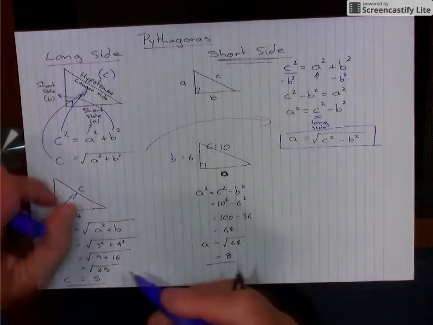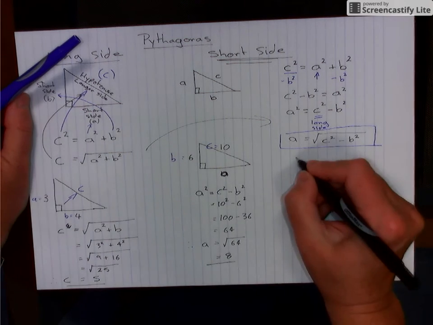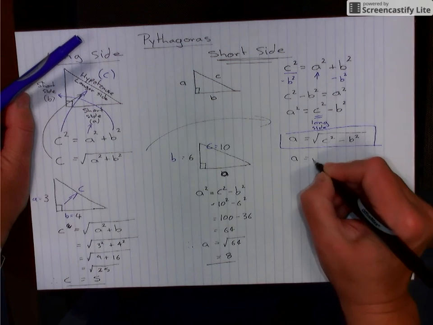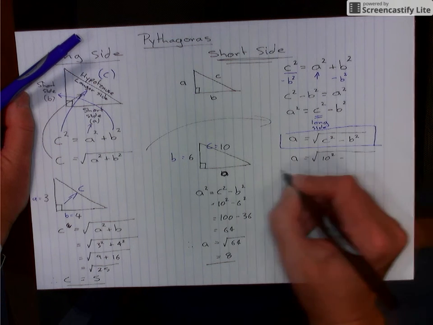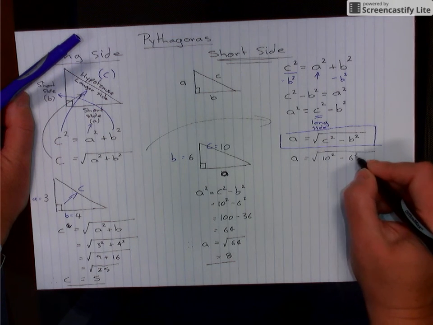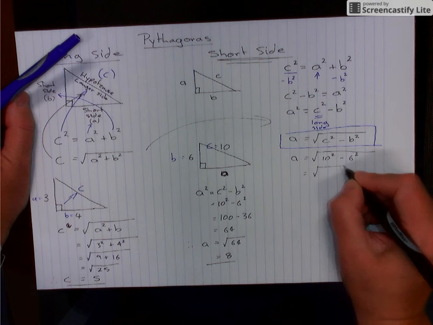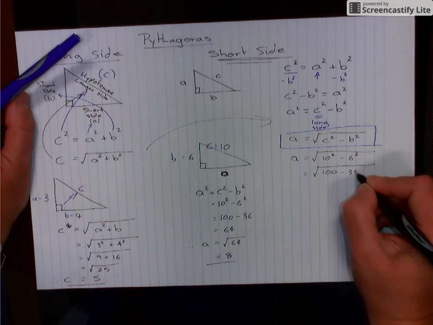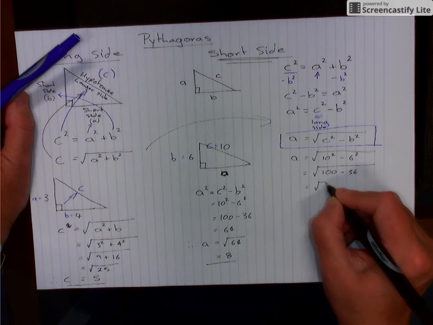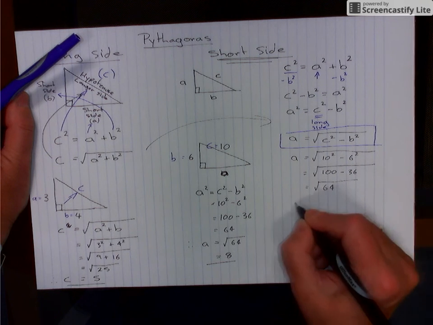Let's do the same question using this equation. So now we've got A equals the square root of C squared, which is 10, minus B squared, which is 6. Solve each of these. 10 squared was 100, minus 36 equals the square root of 64.